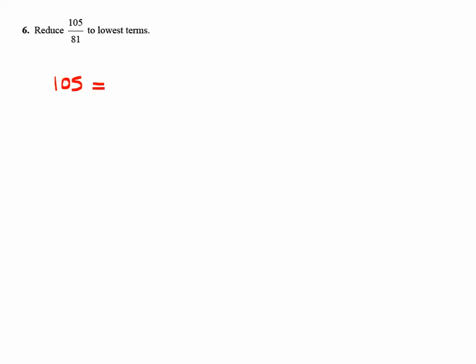So I know 5 goes into it right away. 5 goes into 105 21 times. And 21 can still break down further into a 3 times 7 or 7 times 3. So I've broken each of these down to their prime numbers. That's what I want to do.